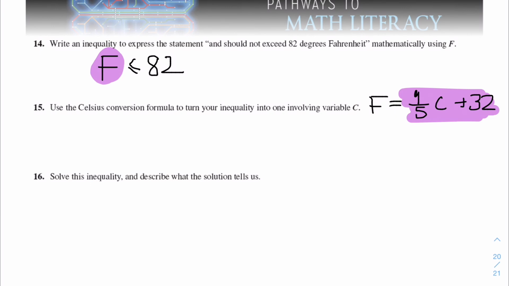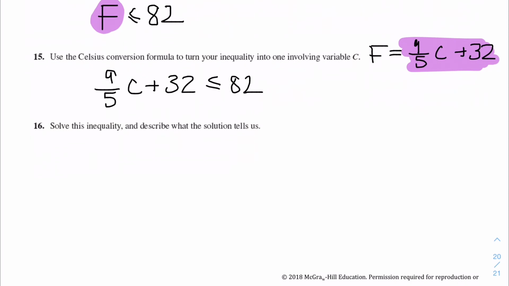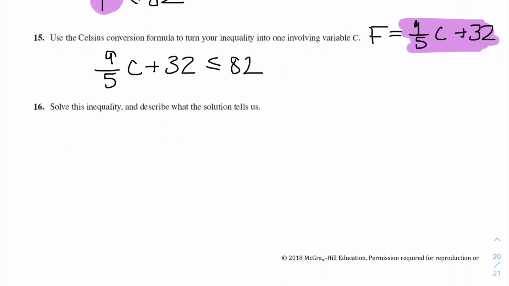So this tells us 9/5 C plus 32 needs to be at most 82. But again, this now gives us an inequality that we can solve using these tools to figure out what is the most the degrees Celsius should be. So we want to solve this inequality by using this same process.